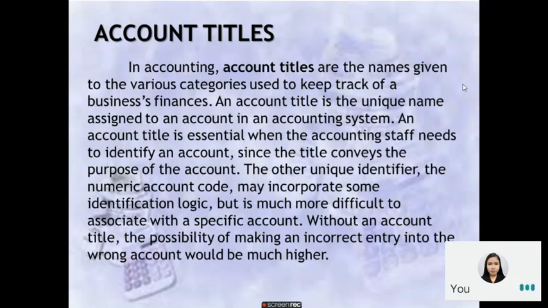So based sa account number, malalaman nyo yung account titles if they are an asset, liabilities, owner's equity, income, or expenses. This is very important when you're preparing the chart of accounts. Later on, I will demonstrate to you how to prepare a chart of accounts and a journal entry.